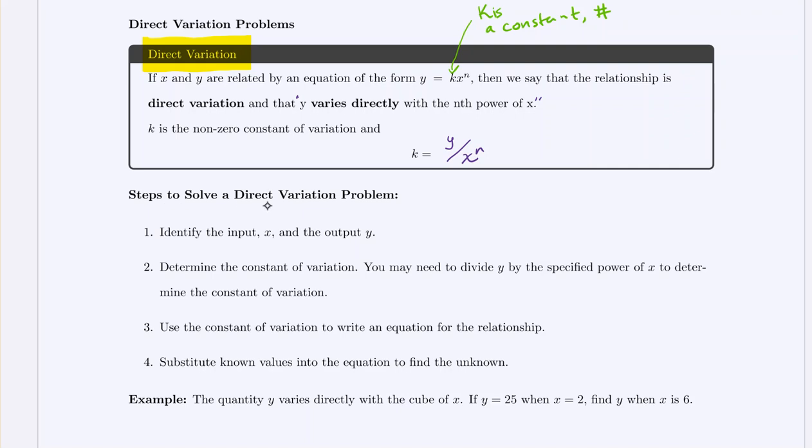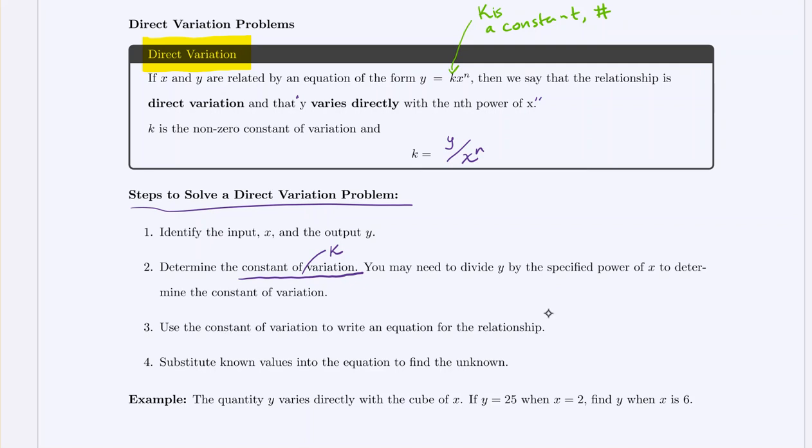So if we're asked to solve a direct variation problem, we've got a few steps. First, you identify the input x and the output y. Generally, some information about these will be given. Determine the constant of variation, that's our k value. In this case, you might need to solve the equation that you've set up to find the value of k.